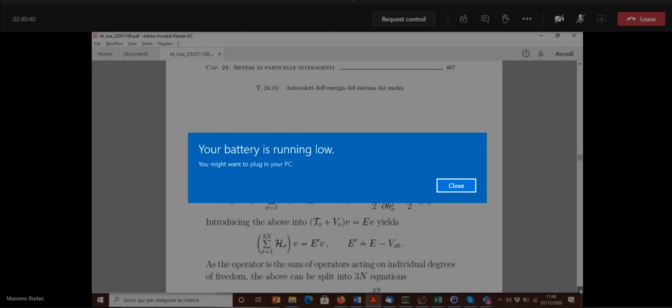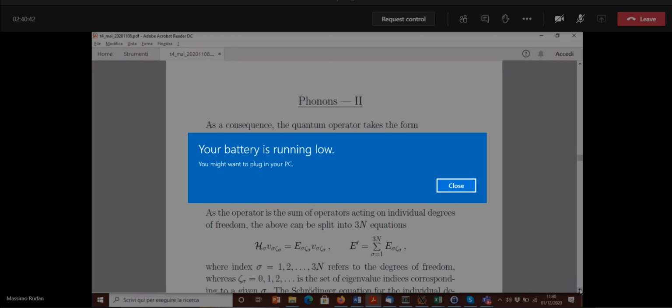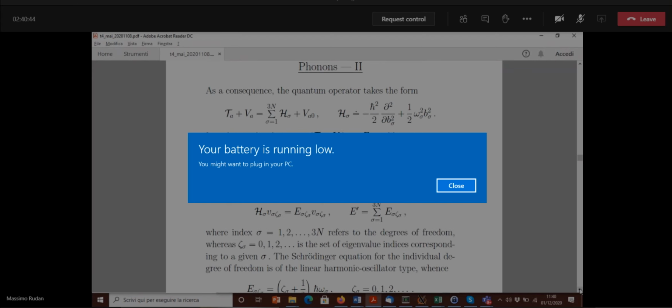So now the quantization, of course, consists in transforming the kinetic energy into the kinetic operator, and this becomes a sum of quantum Hamiltonians, each associated to the individual oscillation mode.